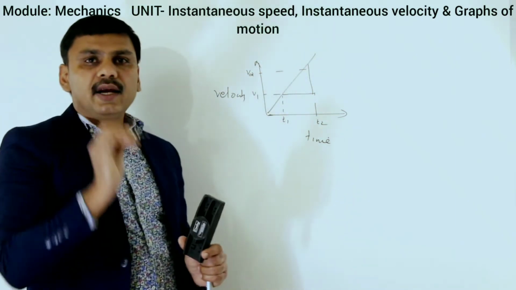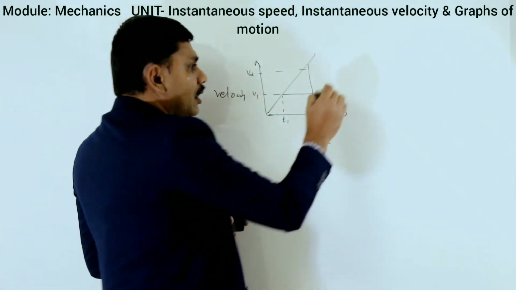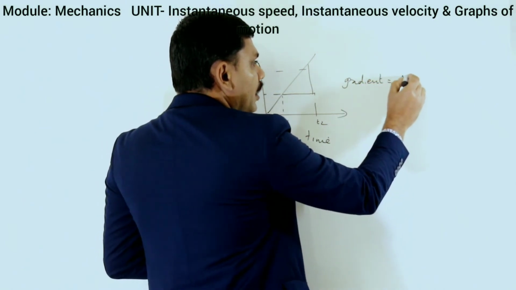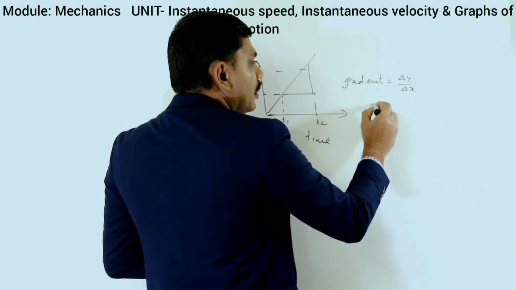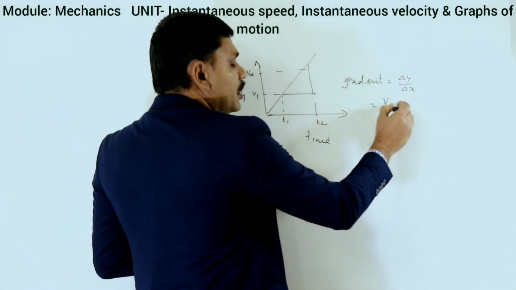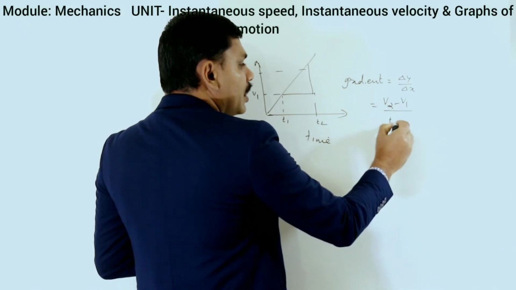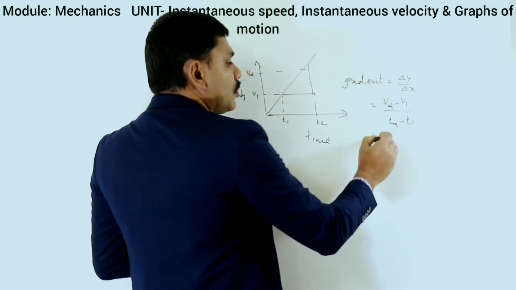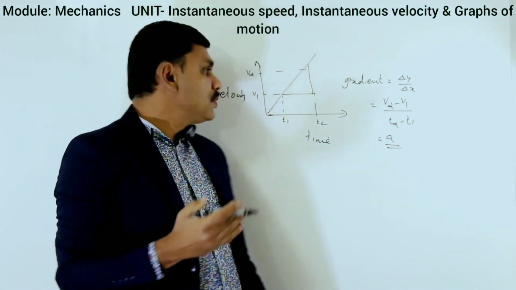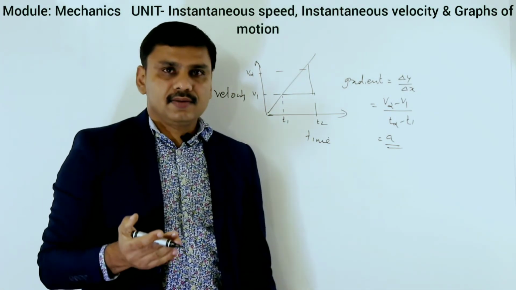Then what will be the gradient of the graph? Gradient is equal to change in y divided by change in x. Here change in y is change in velocity, that is v2 minus v1 divided by t2 minus t1. So it will be acceleration. So the gradient of a velocity time graph is acceleration.